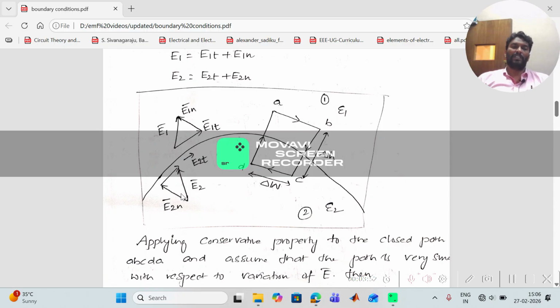You can see clearly this is the interface between two mediums. This is the first media and this is the second media with different relative permittivities. The components are resolved into tangential and normal in both region 1 and region 2, as E2t, E2n in the second region, and E1n and E1t in the first region.